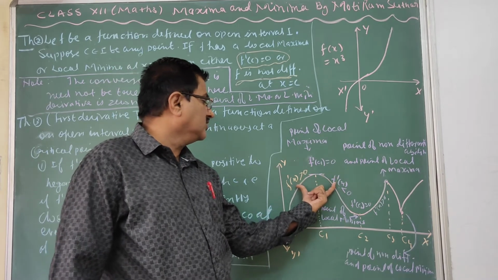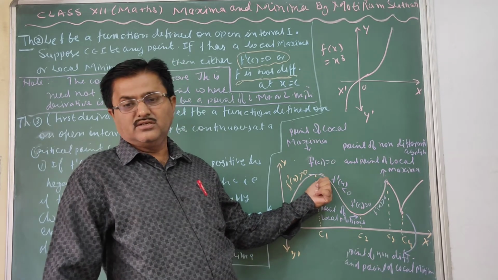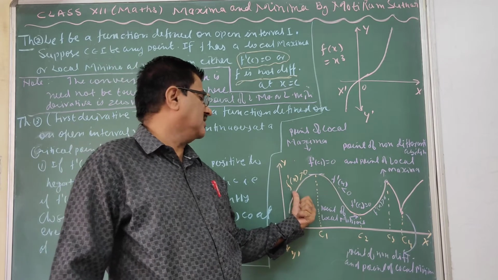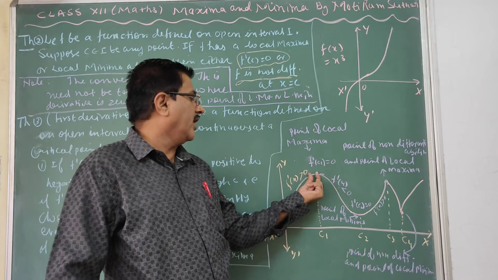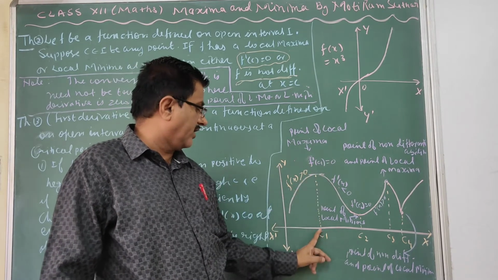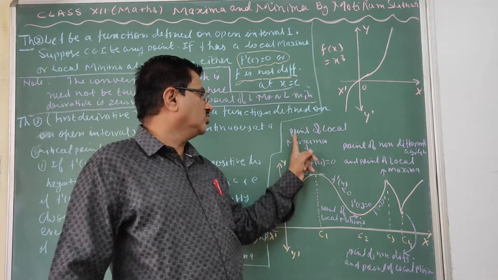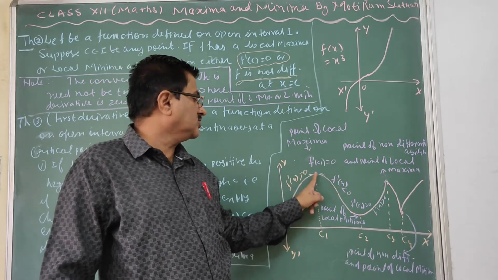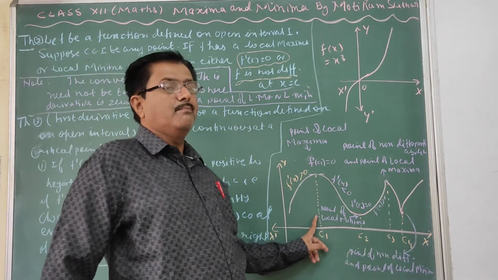In between these two situations, there is at least one point c where it has a maximum value. When the graph is changing from positive to negative, there is a point at which the derivative is 0. At x equal to c1, the derivative is 0. So that is known as a point of local maxima. So this point c1 is called the point of local maxima.